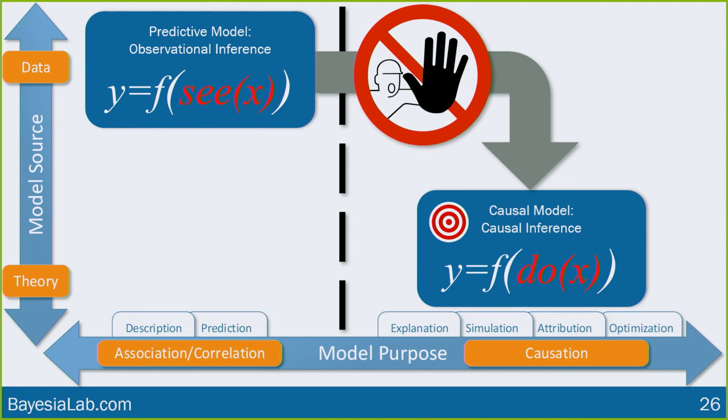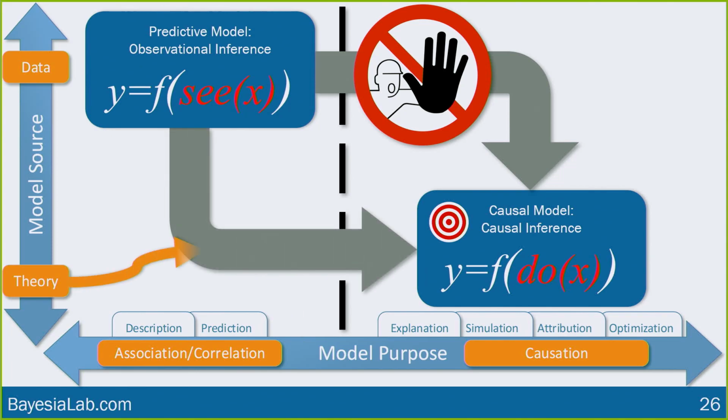So how do we get there? What we have is correlation and association. That's very easy to establish from the data from any such domain. What we need really is to go the path of theory.